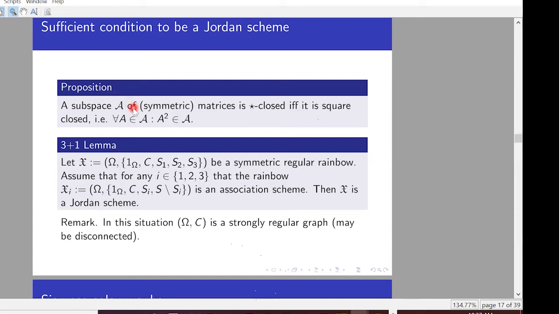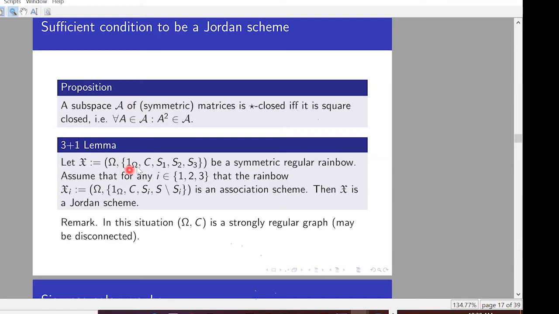It says that a subspace of matrices is closed with respect to Jordan product if and only if it is closed with respect to taking squares. You just have to take (a plus b) squared, remove a squared, b squared, divide by 2, and then you get a Jordan product. So if you take this proposition and apply it in this 3 plus 1 lemma, then you get a sufficient condition for a Jordan scheme.